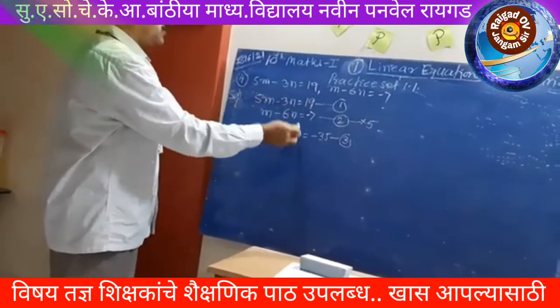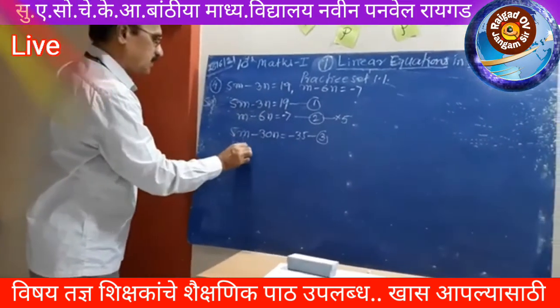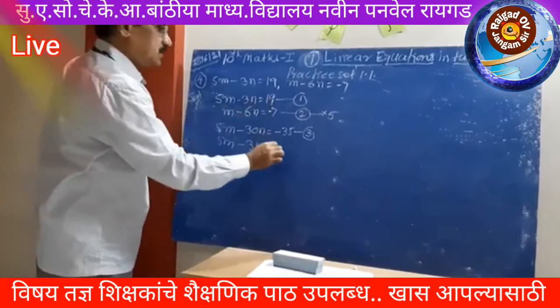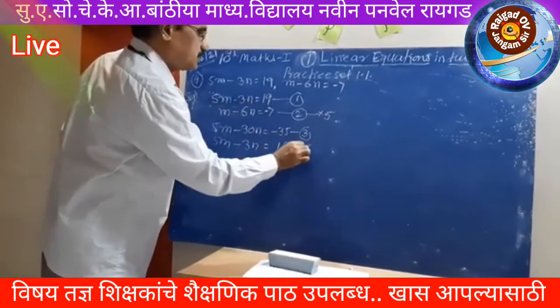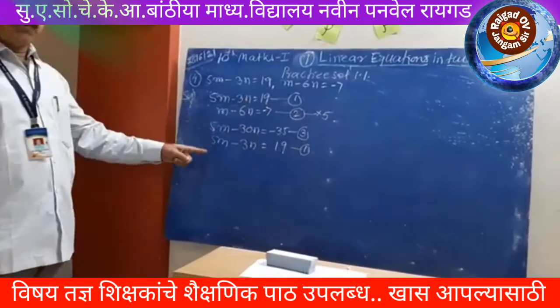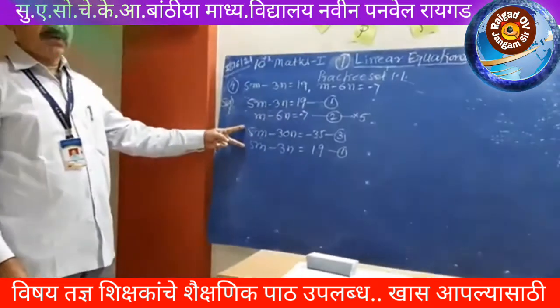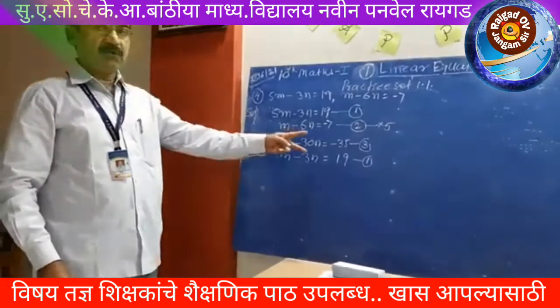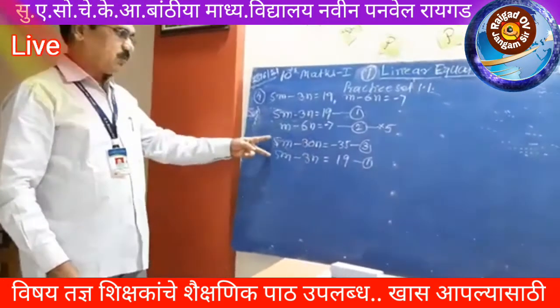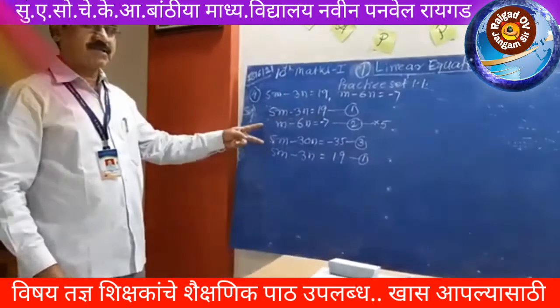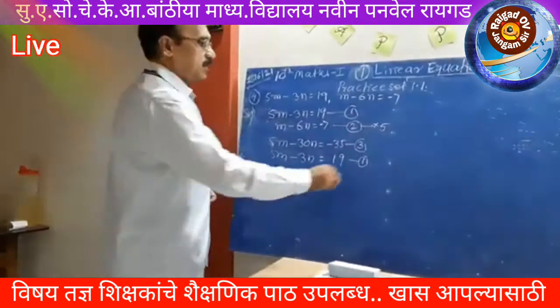Now write equation first as it is. 5m minus 3n is equal to 19, equation 1. Here these coefficients are the same, but the signs are positive. If we add these two equations, no variable is removed from this equation. Now, if the coefficients are the same and the signs are the same, then subtract these two equations.